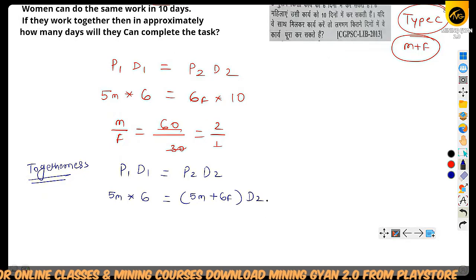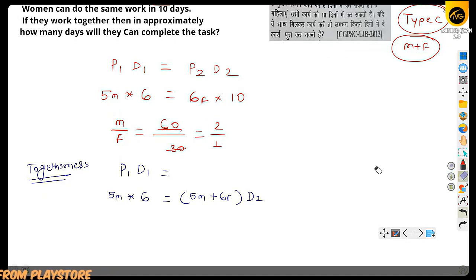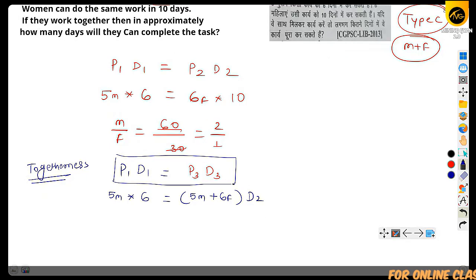Now D2. Okay, but P2 D2 is already used in the first condition, so you can use P3 and D3. To avoid confusion, you can use P3 and D3 directly.